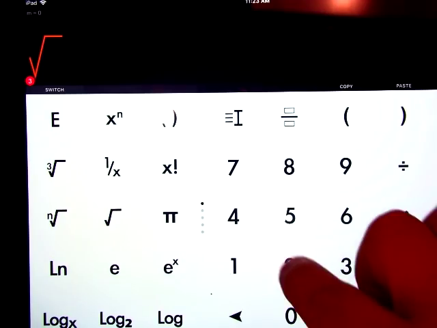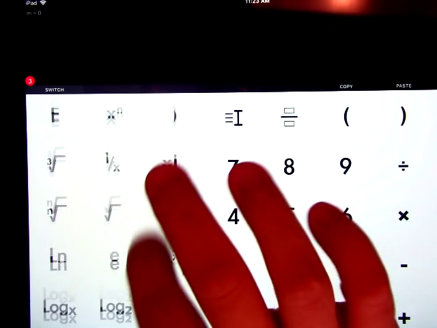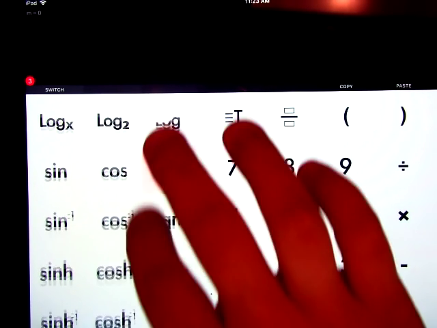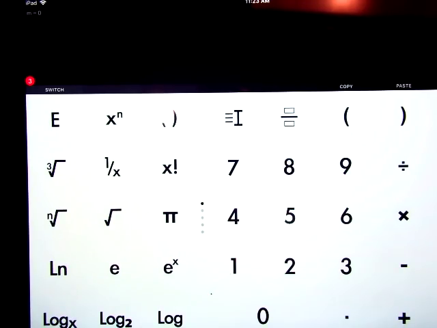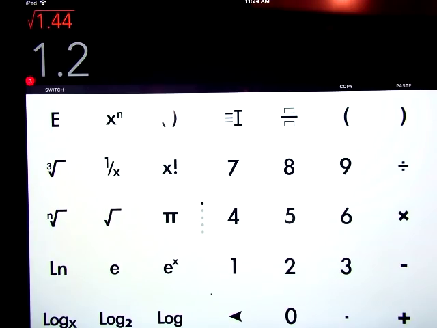Now, for example 1, 225, hit equals and we get 15. That's what we were looking for. Example 2, it's a little bit more difficult. In fact, I don't necessarily know if we can. I don't think we can. But with a positive and negative number out front, we just put it as positive and negative. But in the calculator, 1.44 is 1.2.